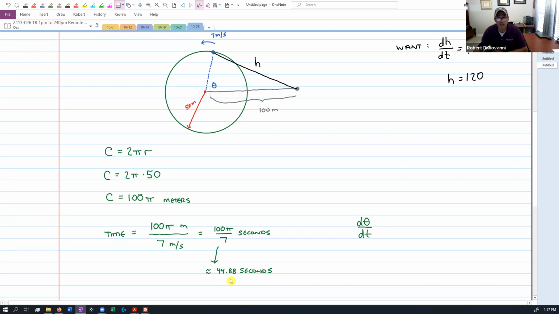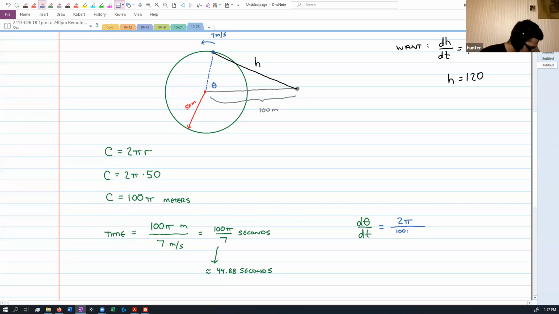Now, I'm not going to use degrees. I'm going to use radians. So a full rotation is 2 pi, right? So she goes 2 pi in exactly how many seconds? 100 pi over 7. This is how many radians she does in this many seconds.